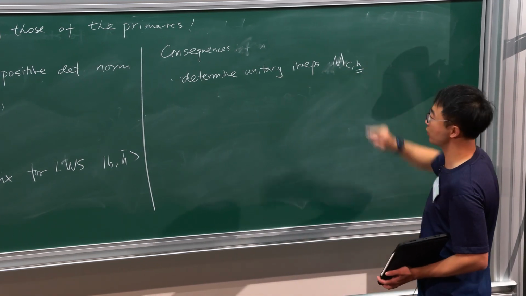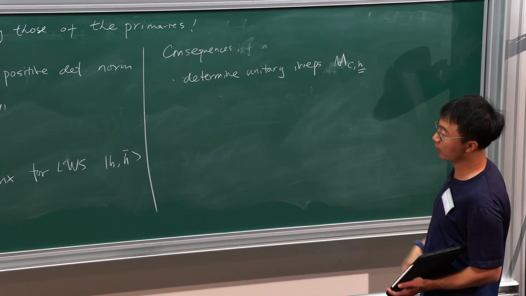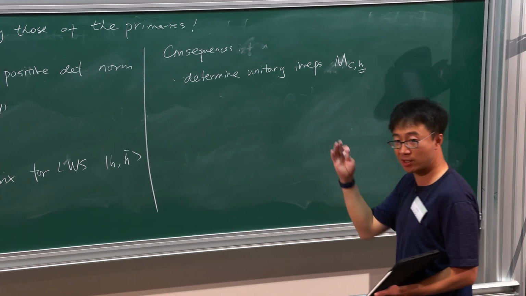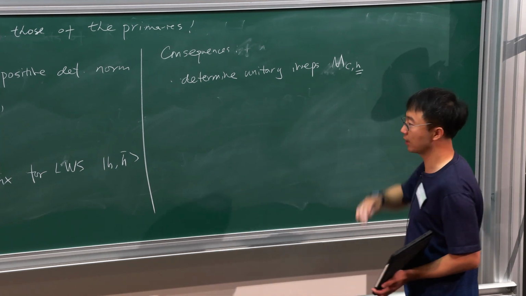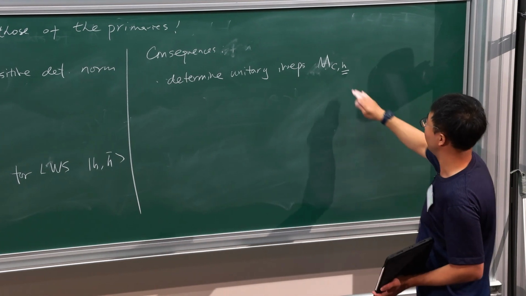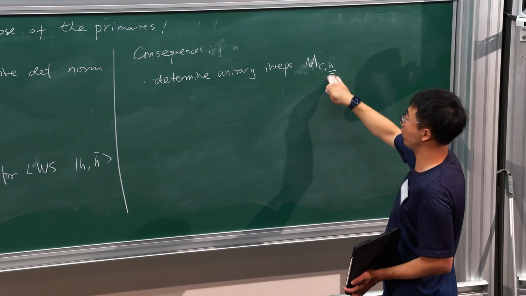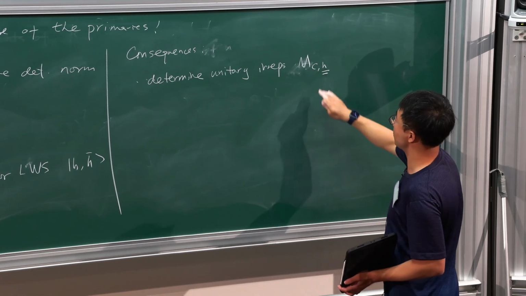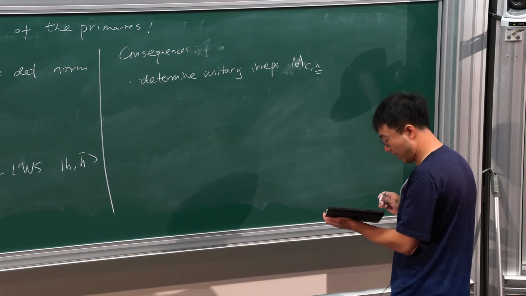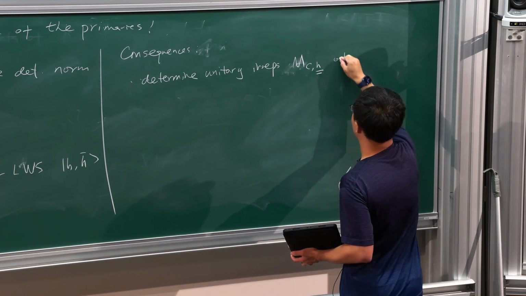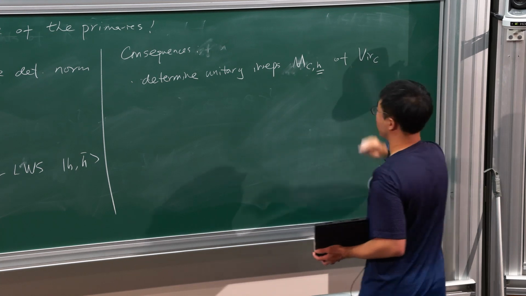So h labels the weight of the highest weight state. Because the Virasoro algebra factorizes and the hermiticity property also factorizes, for the purpose of representation theory, we can just focus on one part of the Virasoro algebra. And so here, just focus on the holomorphic part. The corresponding representations are denoted by the central charge together with the corresponding weight of the lowest weight state. And this is the irreducible representation of Virasoro.